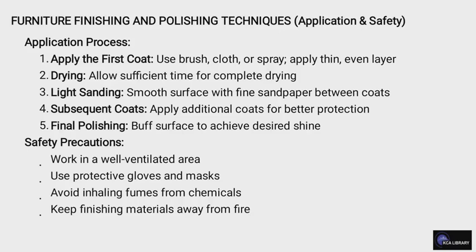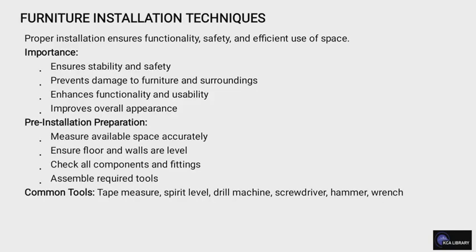Then the next is to allow it to dry, and then you do a light sanding where you smooth the surface with fine sandpaper between coats, and then subsequent coats where you apply additional coats for better protection, and then final polishing, which is to buff the surface to achieve the desired shine. Safety precautions include: work in a well ventilated area, use protective gloves and mask, avoid inhaling fumes from chemicals, and lastly keep finishing materials away from fire.